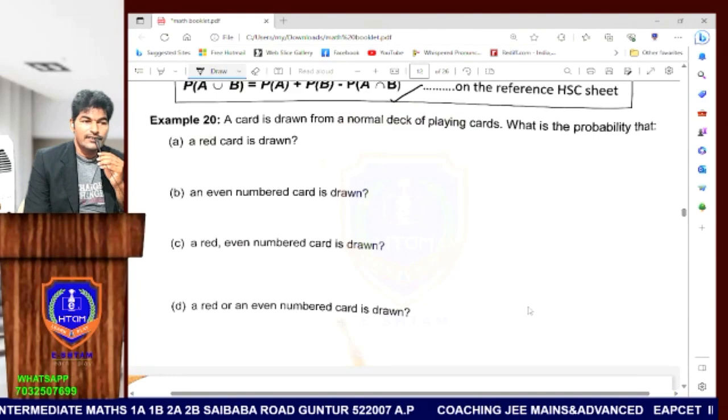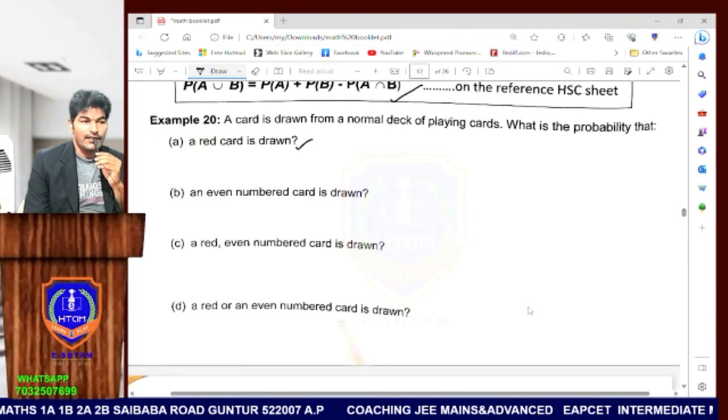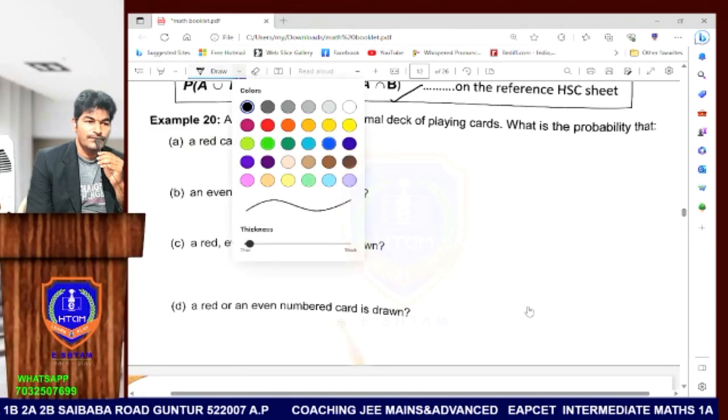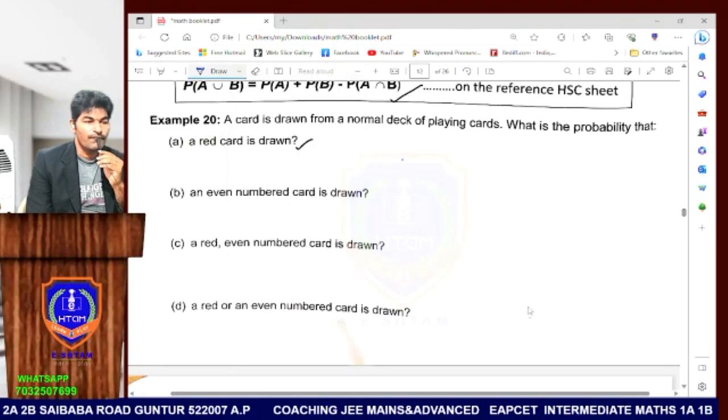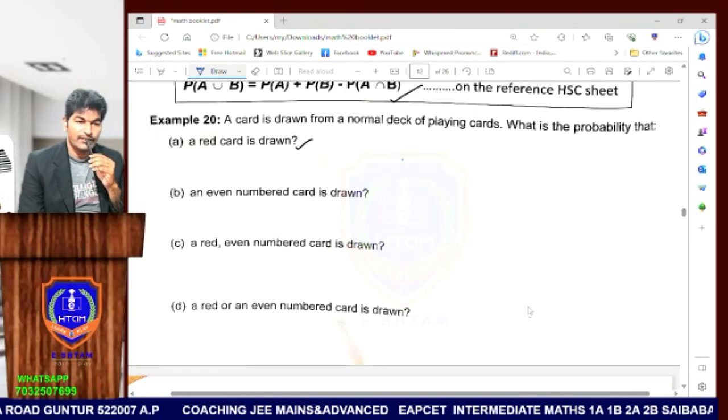Now we will do these questions. A card is drawn from a normal deck of playing cards. What is the probability that a red card is drawn? Let us choose. So actually, recall the information about the cards.